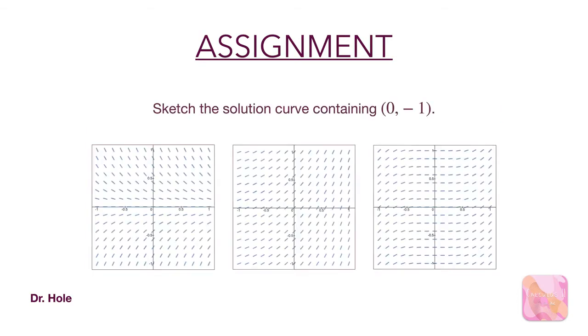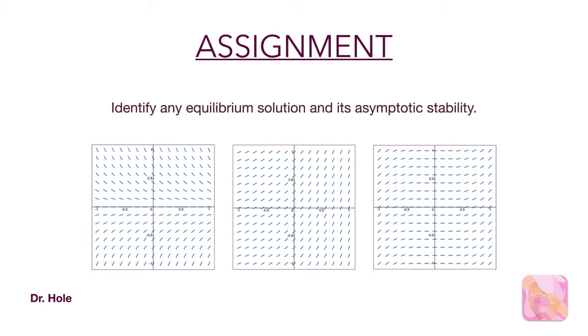Then come back to the direction fields and sketch in a solution for an initial condition (0, -1). And we also went over the notion of equilibrium solutions and their asymptotic stability. Identify any equilibrium solutions and classify its stability as stable, semi-stable, or unstable.